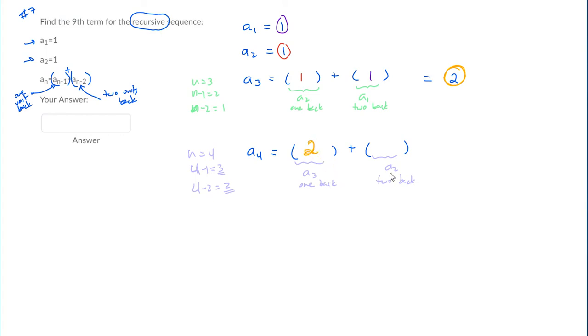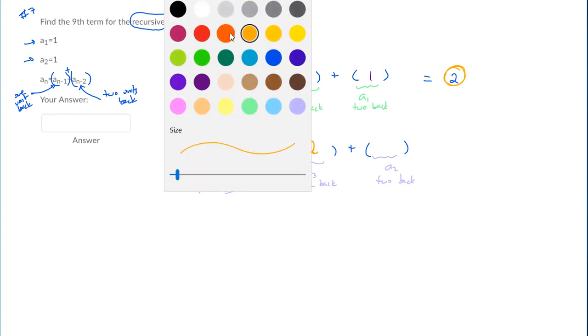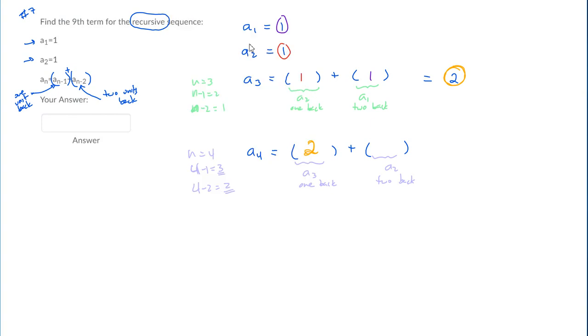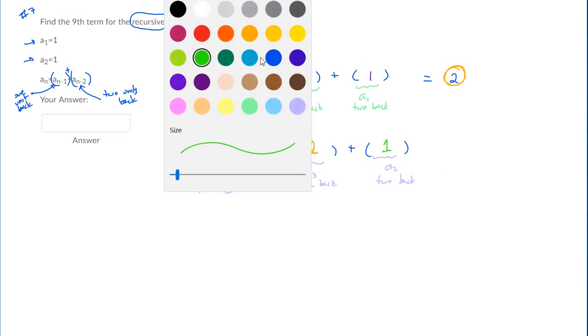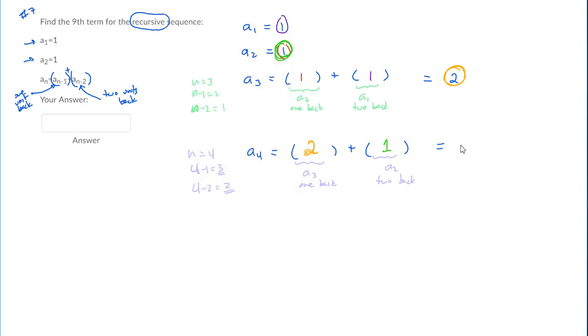Plus 2 units back. 2 units back is A2. What's the value of A2? The value of A2 is 1. And so 2 plus 1 is, don't even need a calculator for that one, 3.